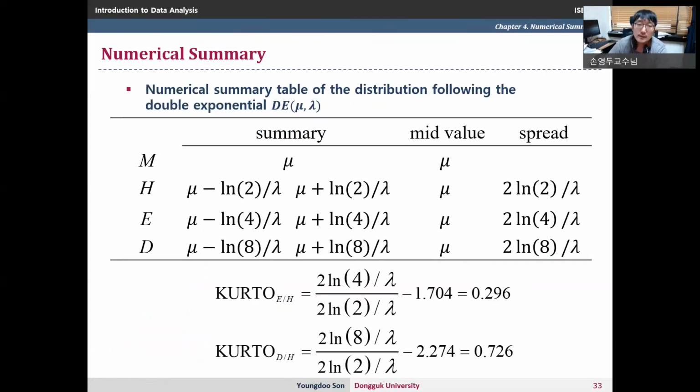However, the double exponential distribution, or the Laplace distribution, is shown here.